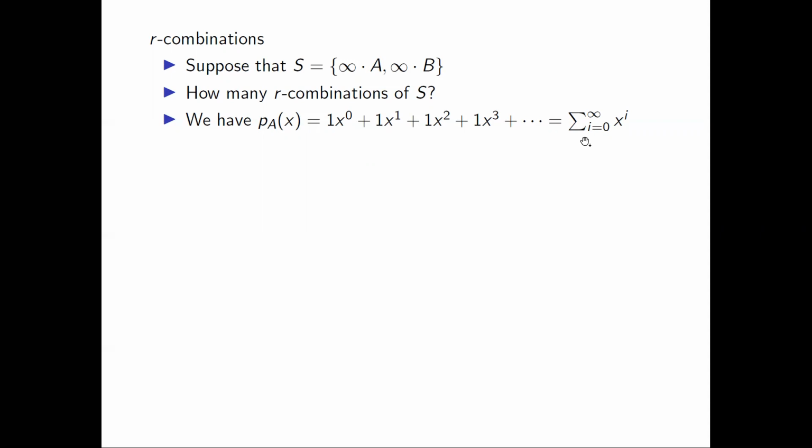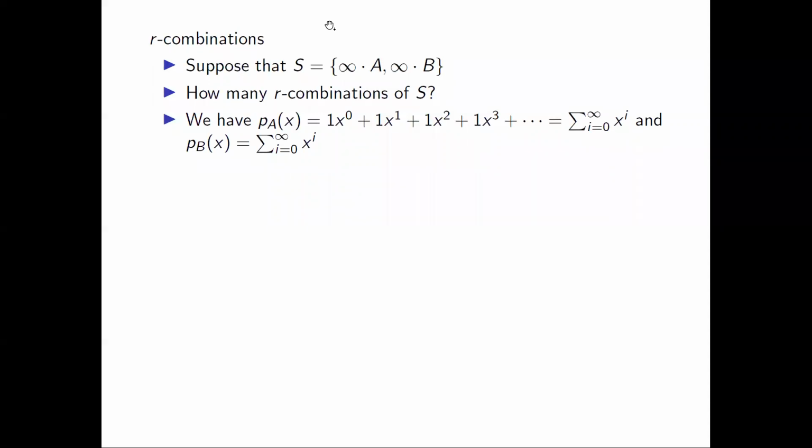So we can write that as the sum from I equals 0 to infinity of x to the I. We get the exact same polynomial for P sub B. So we can write both these polynomials, P sub A of x and P sub B of x, as the sum from I equals 0 to infinity of x to the I. So P sub B and P sub A are the exact same polynomial.